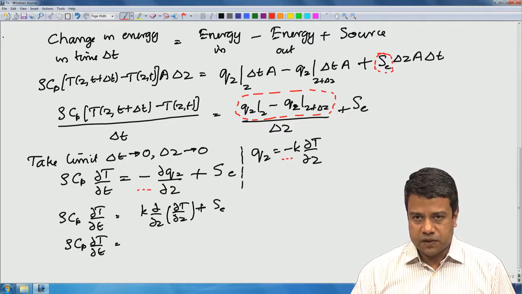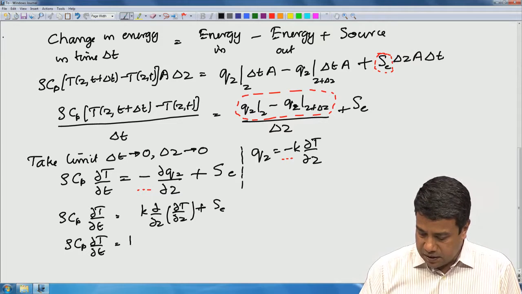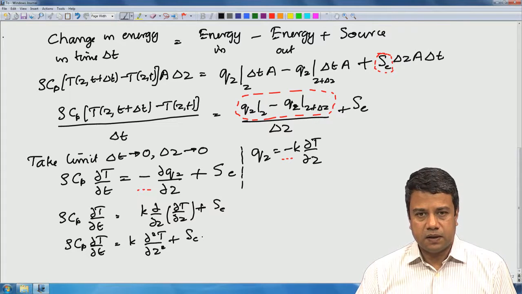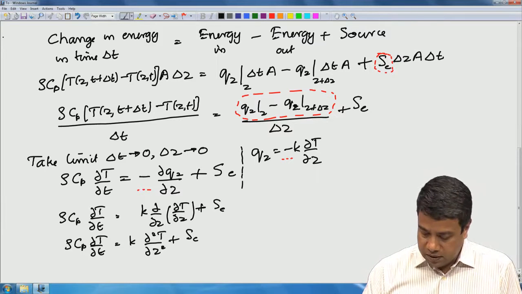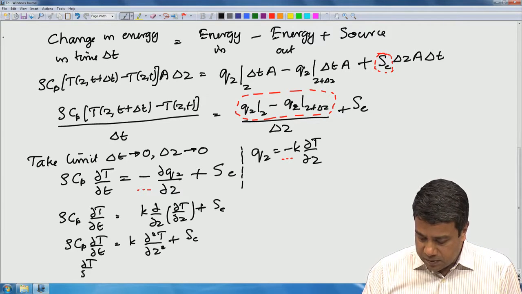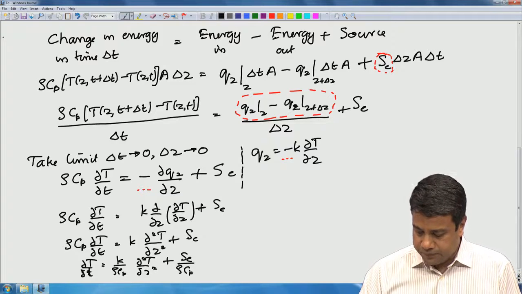So, in the end you will get a positive sign in the equation for the temperature field. So, you will get k d square T by dz square plus S. Alternatively, if I divide throughout by rho Cp, I will get partial T by partial t is equal to k by rho Cp partial square T by partial z square plus S by rho Cp.